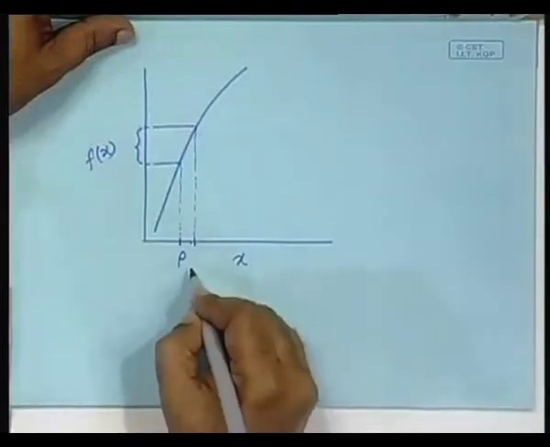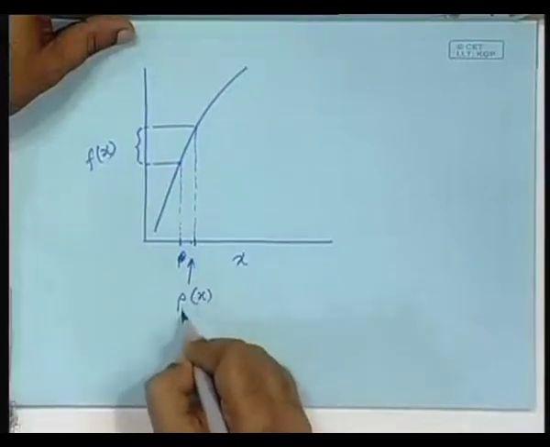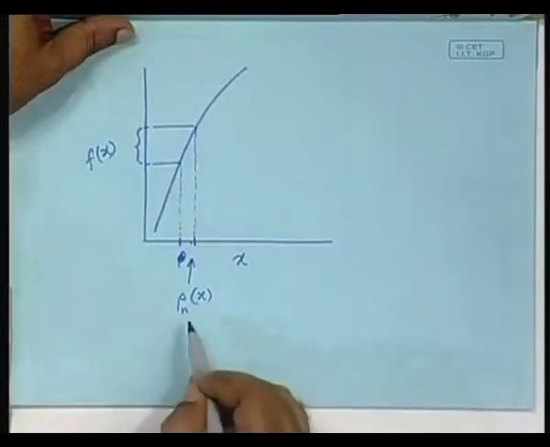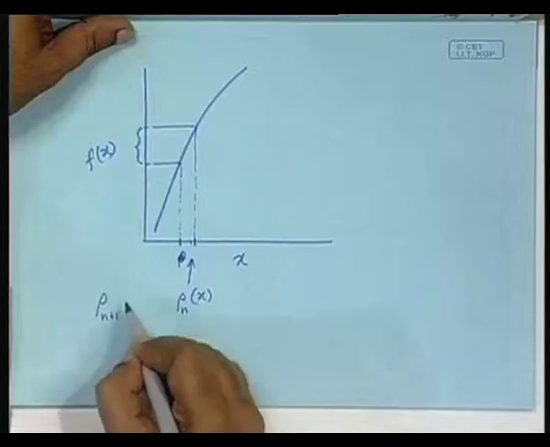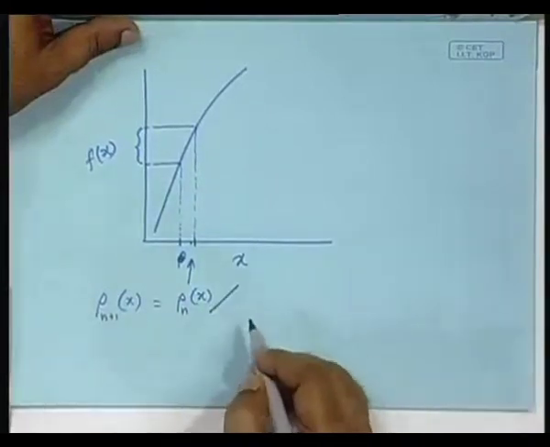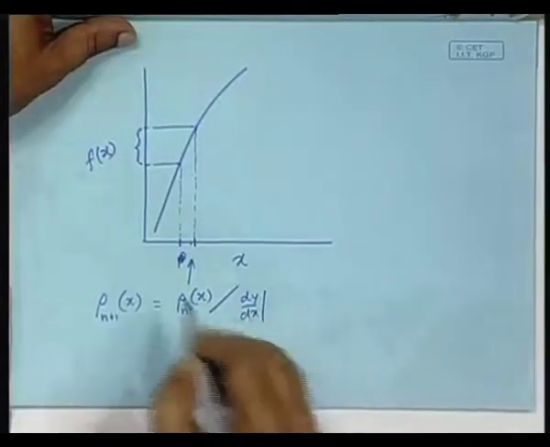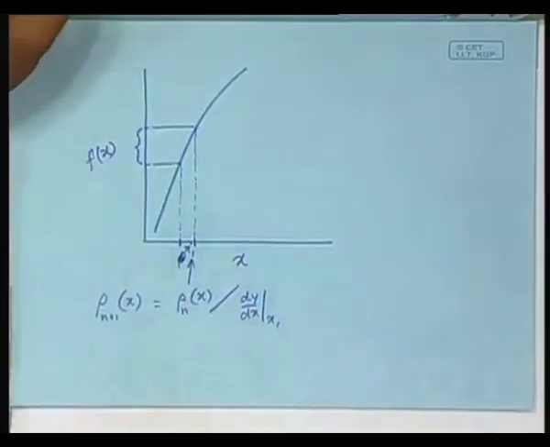If this is here, the density is rho of x at the nth iterate, then rho at the nth iterate here is this divided by the slope calculated at, suppose this is x1, at x1. Right.